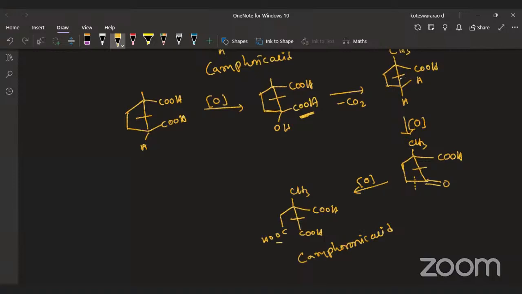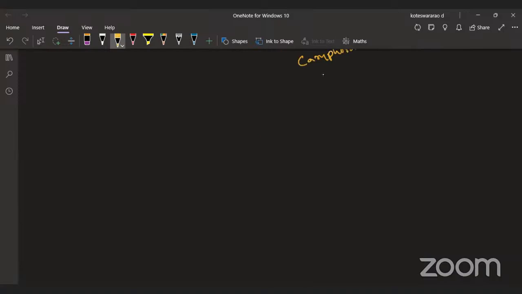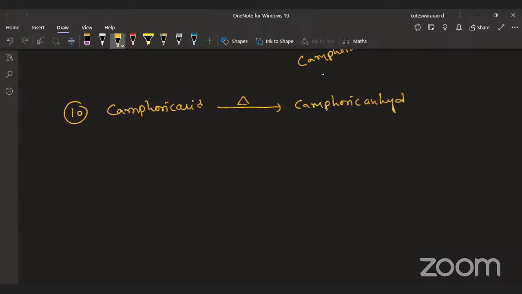Now, coming to the camphoric acid structure, an intermediate is taken in the next step. Then the reaction: camphoric acid is subjected to heating, then it leads to the formation of camphoric anhydride.